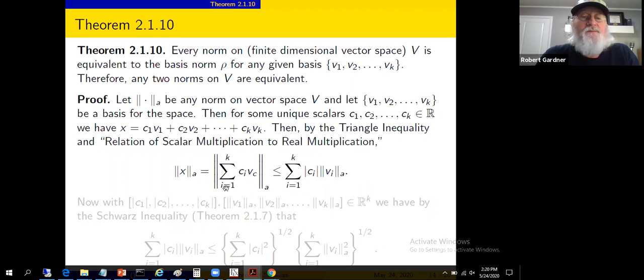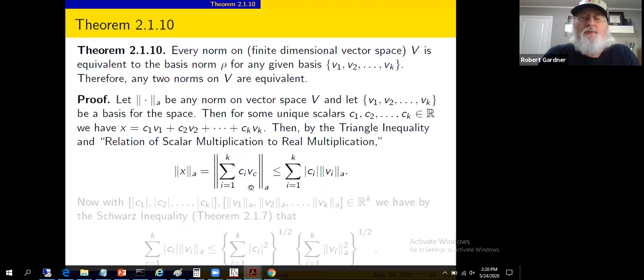We're going for getting the A norm of X bounded between the basis norm, which we'll indicate with a rho, above and below, with those scalar multiples R and S introduced. Okay, so that's the plan. Well, we'll take the A norm of X. By definition, that's the A norm of X represented like this.